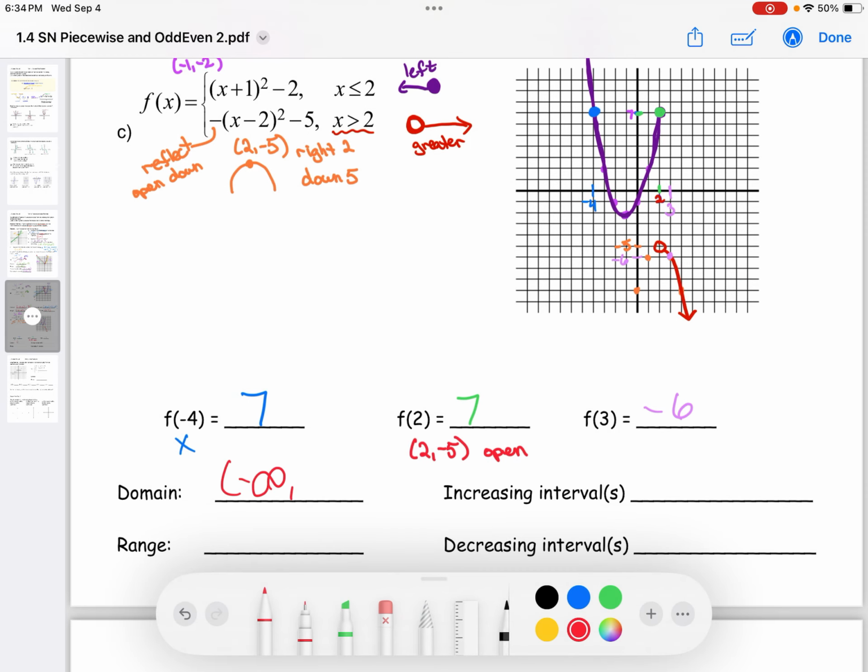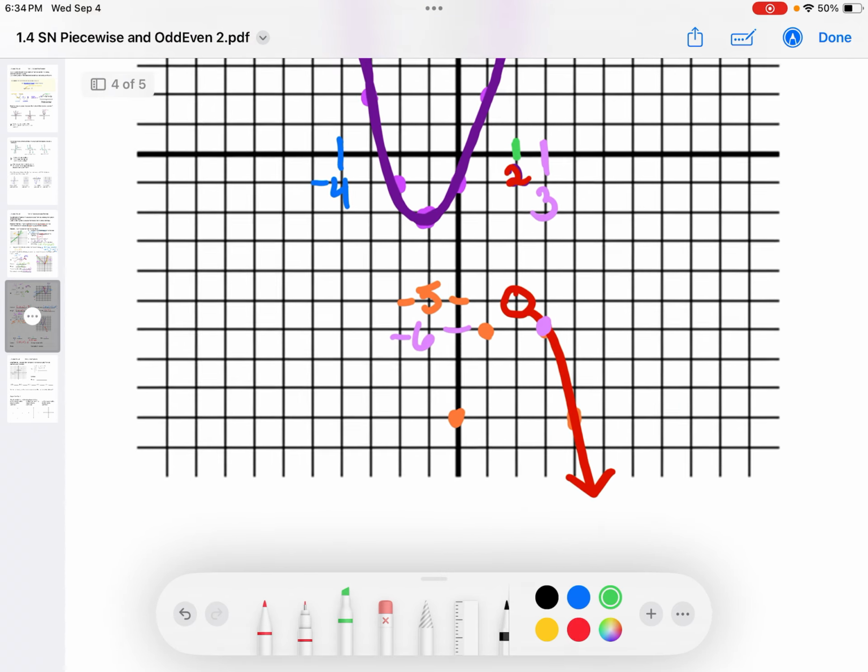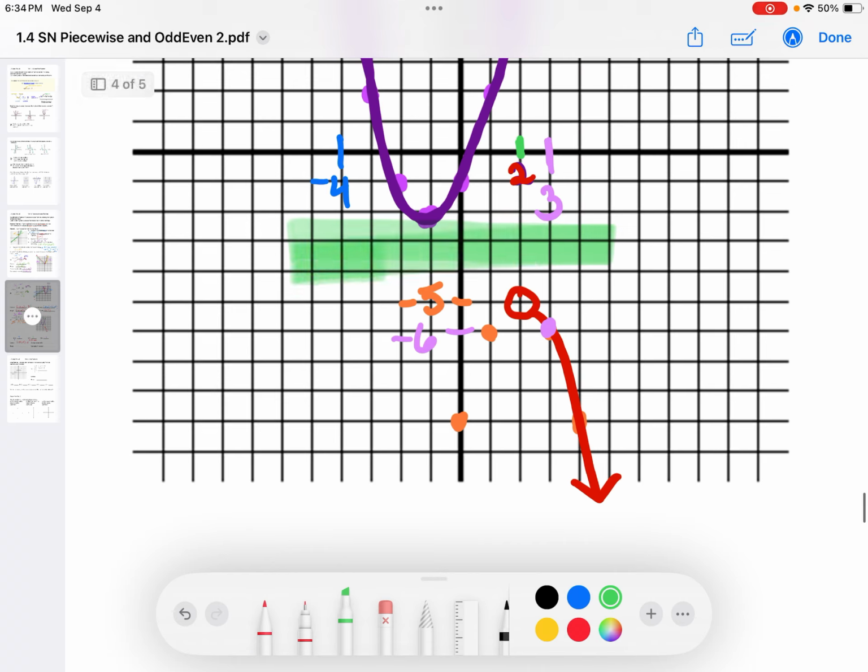So that domain is negative infinity to positive infinity, or all real numbers. That range does have a gap. If we look, the y values between these two don't get used.